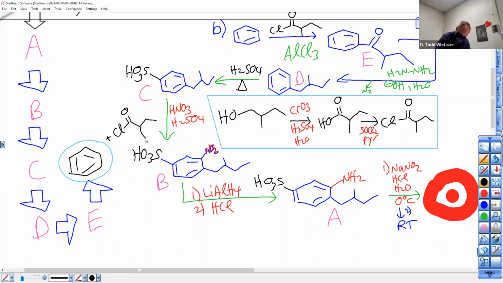And what did that come from? That came from the carboxylic acid, right? And where'd that come from? From the alcohol. End of story.